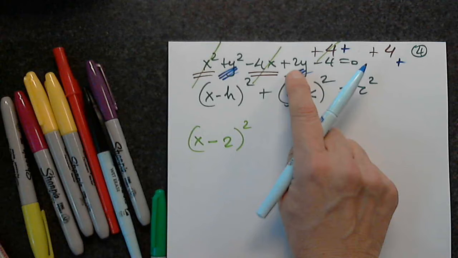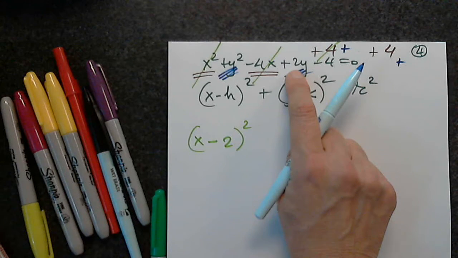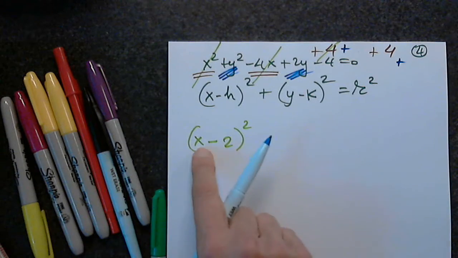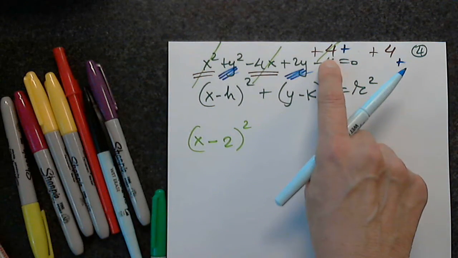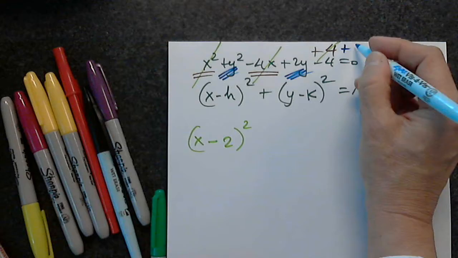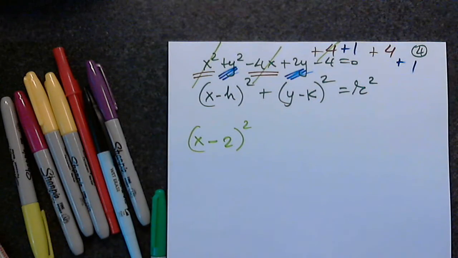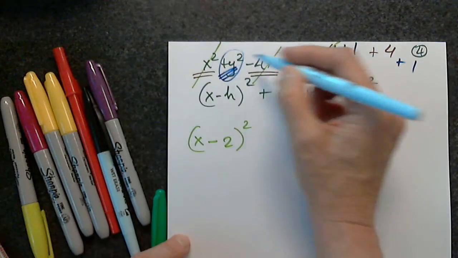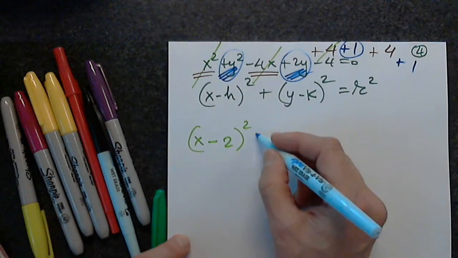So the middle coefficient is 2. We must divide it by 2. Right, the last term can never be negative. So when I expand this, the last term will never be negative. Yes, indeed. So 2 divided by 2 is 1. 1 squared is 1. Very good. So now 1, 2, 3 are here.